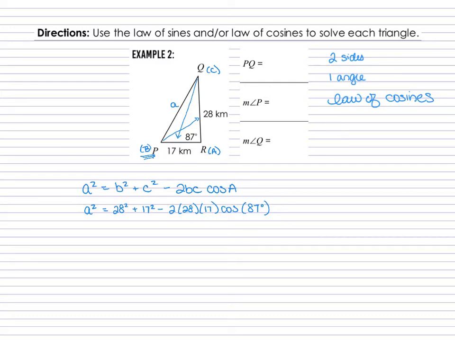Okay, so when we go through and multiply all of that out and combine all the like terms, we get a squared is 1023.18. Take the square root of both sides, we get that a is 31.99 kilometers.